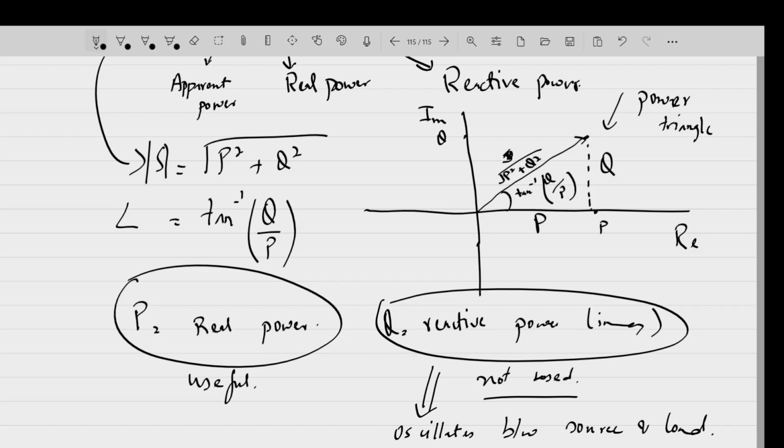So it keeps on oscillating between the source and the load. It does not get utilized in the system, it only keeps oscillating. There is only an exchange of power between the source and the load. That continuous exchange of power, that oscillation of power between the source and the load, is the reactive power in your system.